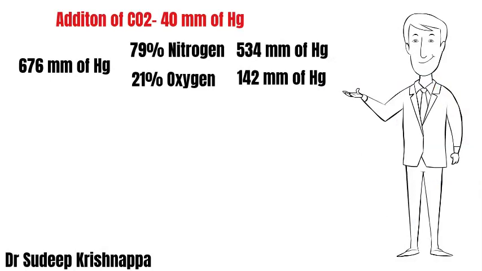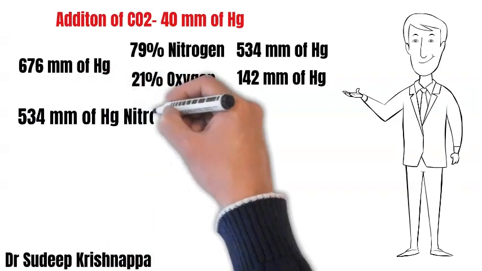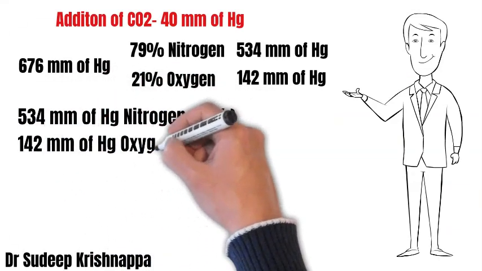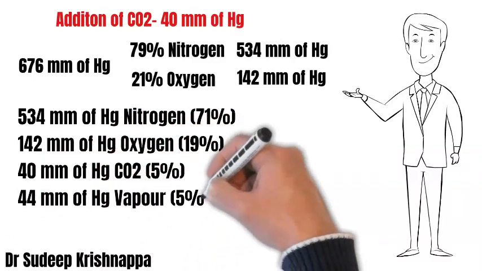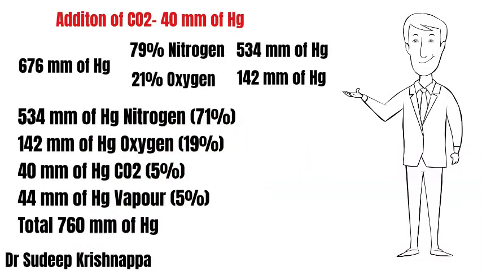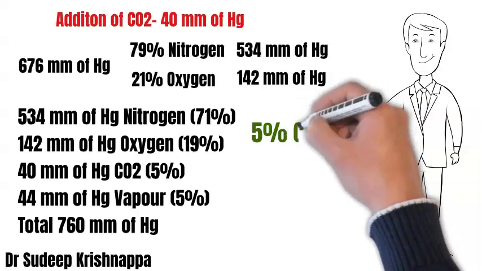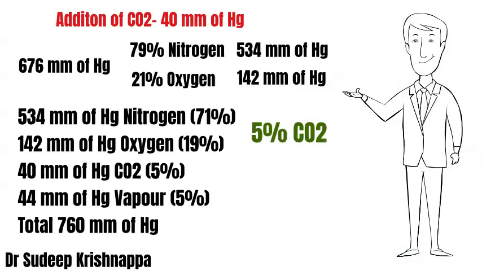If we now look at the composition of the alveolar gases, there are four components: nitrogen, oxygen, carbon dioxide, and water vapor. Carbon dioxide being about 40 millimeters of mercury, as a percentage of 760 millimeters, would roughly translate to 5.2%. I have rounded it up to 5%.